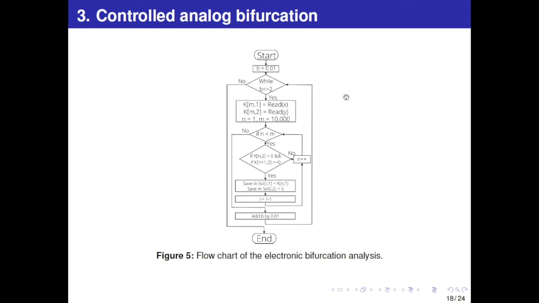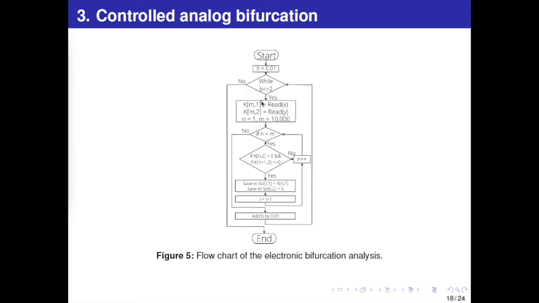First, an initial value of p will be adjusted to 0.01. This value will be increased, so the parameter ranges between 0.01 up to the value of 2. Then, the variable k stands for the data acquisition of the circuit.